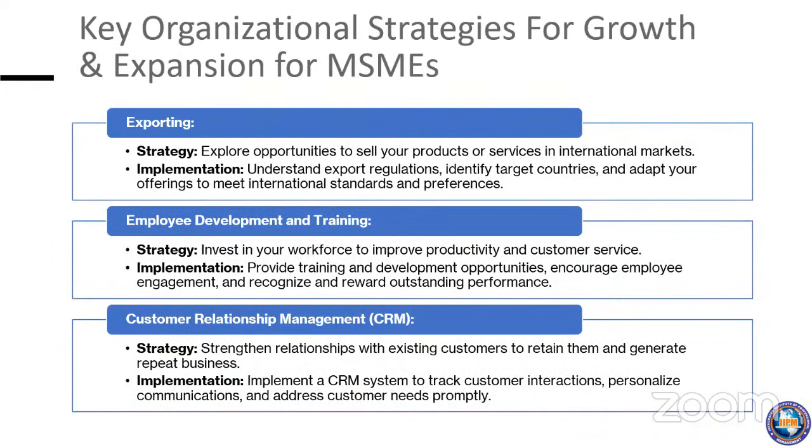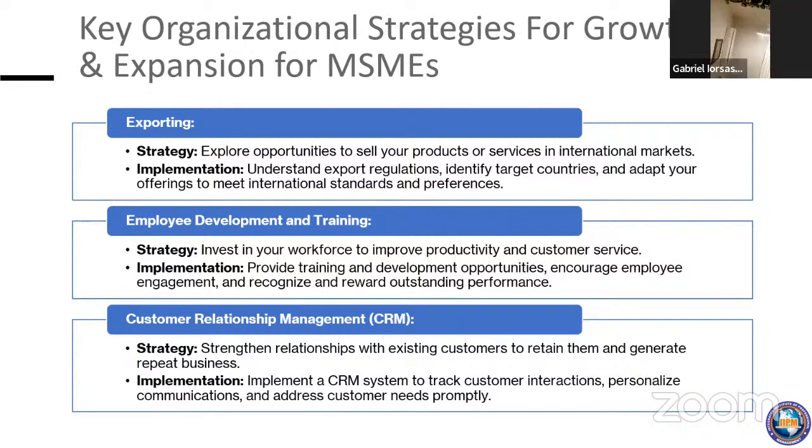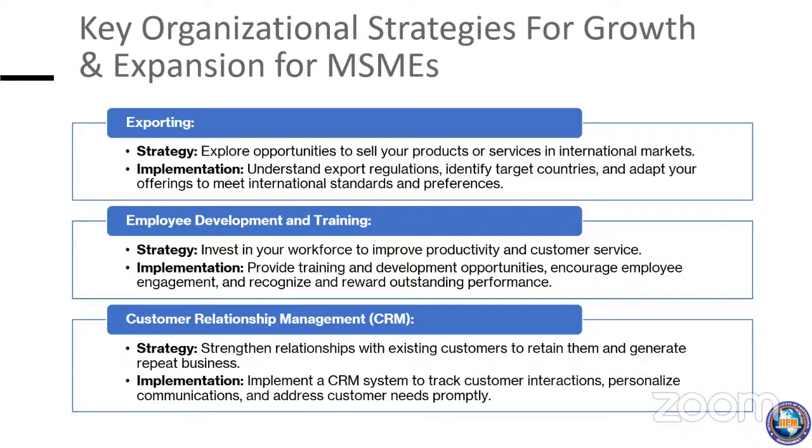Then we'll have the exporting options for MSMEs. When we talk about export in Nigeria, we only think it's about products. No, you can also export services. In fact, the most exported commodity in Nigeria today, and in Africa, if not around the world, is services.